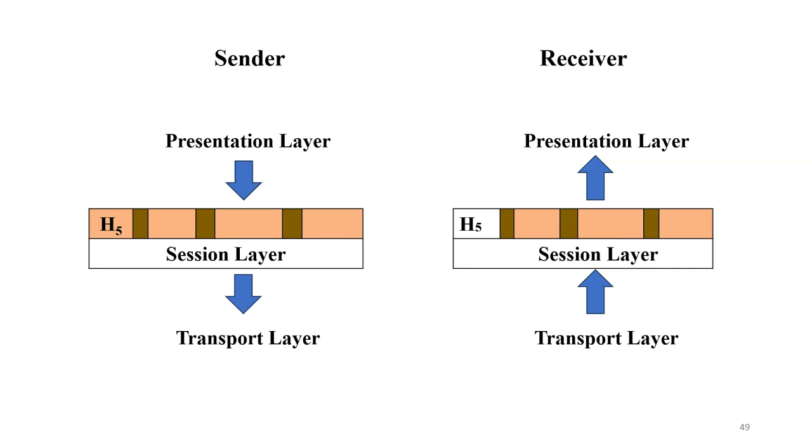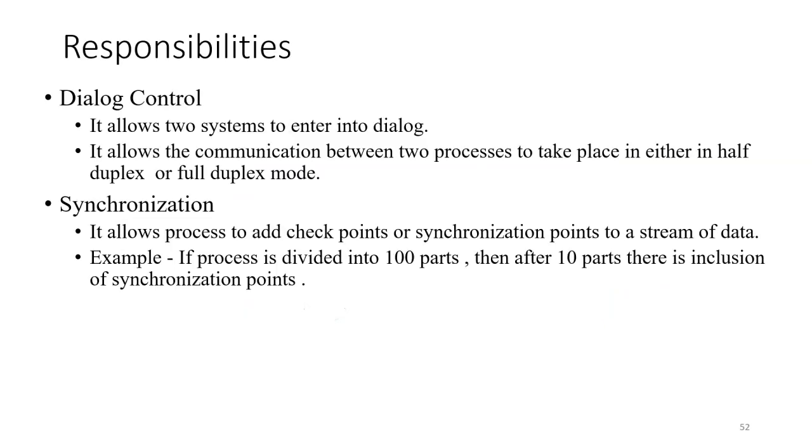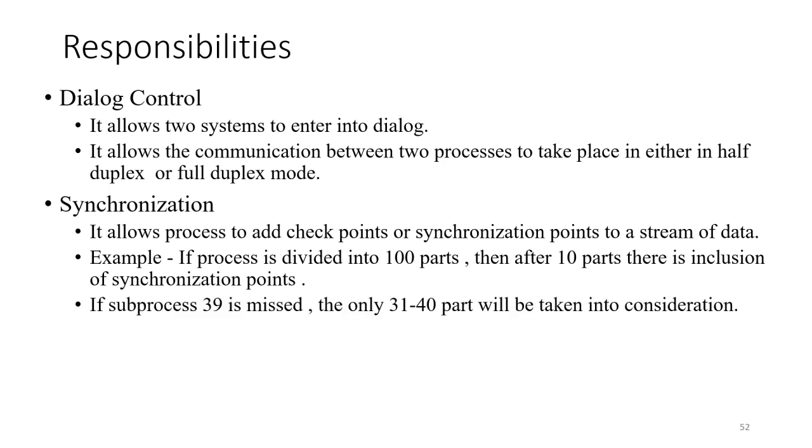So what is the significance of this synchronization point? Let's say a process is divided into 100 parts, and synchronization points are included after every 10 parts. If subprocess 39 is missed, there is no need to take the entire process of 100 parts into consideration.